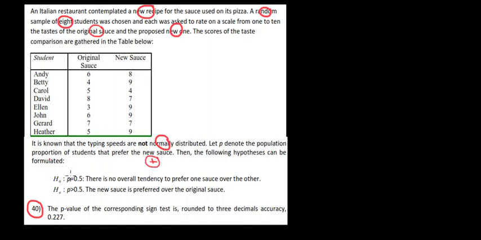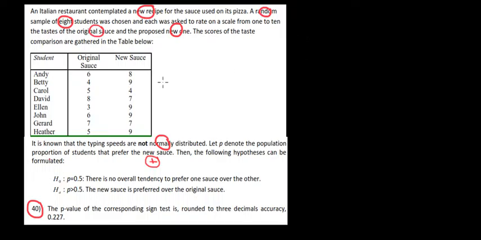And we're testing with the sign test whether that proportion is 0.5, so whether we have the same medians in the distributions or not, whether we have a higher tendency, a higher median in the distribution of the new sauce, meaning that the values overall tend to be higher than the values in the original sauce distribution.